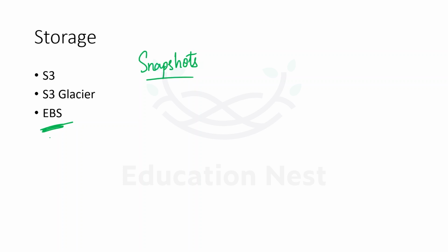Then there is one important concept called EBS Fast Snapshot Restore, that is EBS FSR. It enables you to access the EBS snapshot immediately, even if they are in cold state.